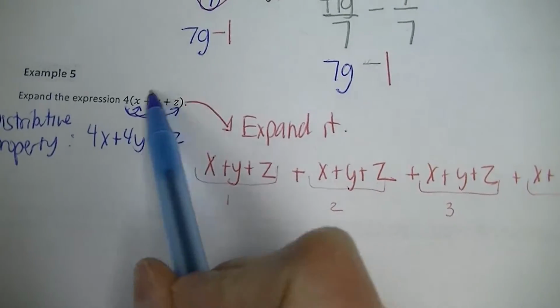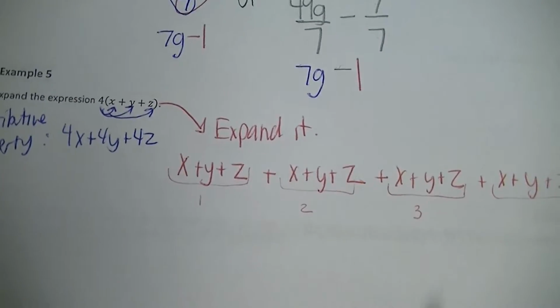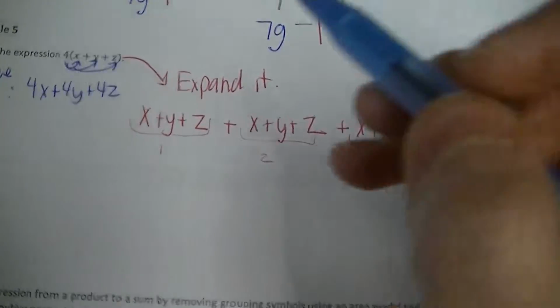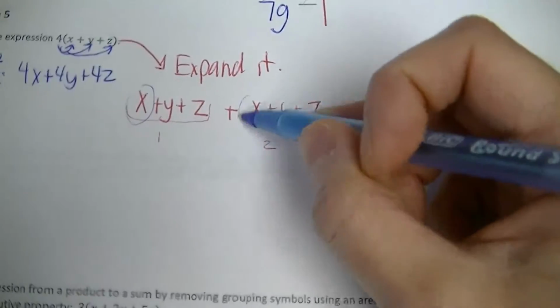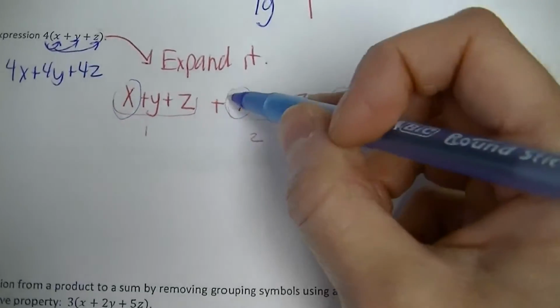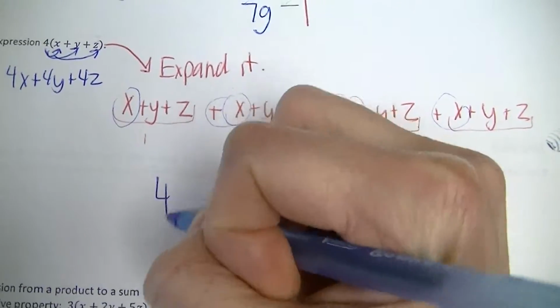This expression and this expression are all equal to each other. They'll all simplify to the exact same thing. So what I want to show you is if I added x plus x plus x plus x, those are 4 x's.